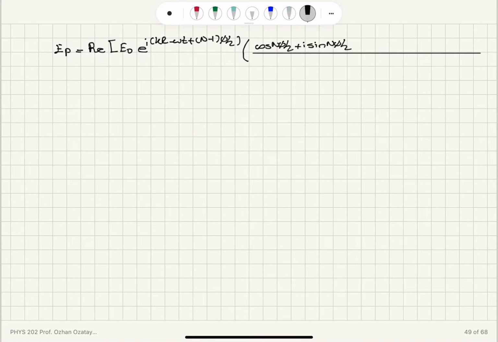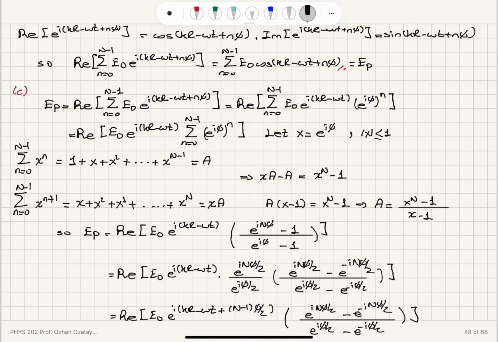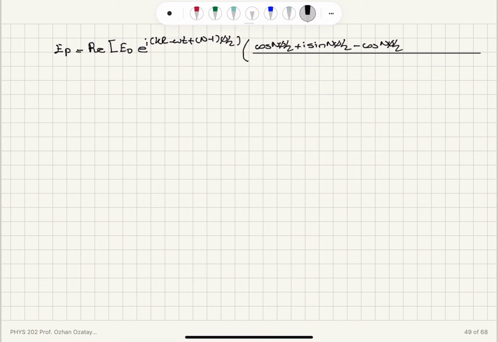And e to the minus i N phi over 2 is cosine N phi over 2 minus i sine N phi over 2, but there's a minus sign up front, so I have minus cosine N phi over 2 and plus i sine N phi over 2. And at the bottom I have the similar situation, cosine phi over 2 plus i sine phi over 2 minus cosine phi over 2 plus i sine phi over 2.